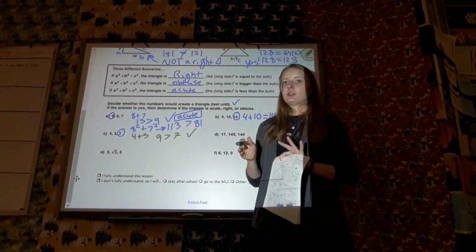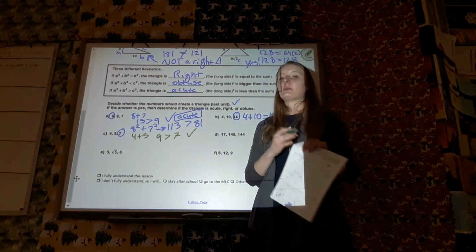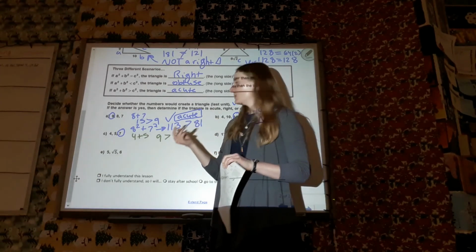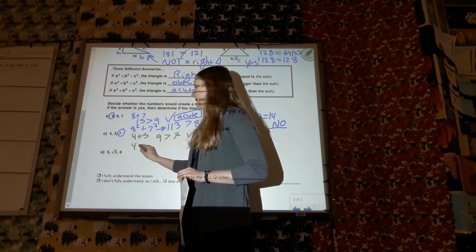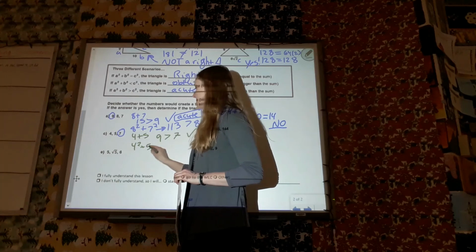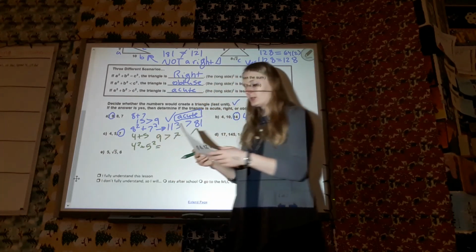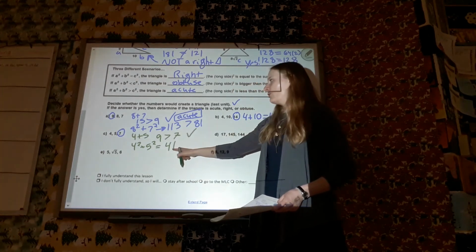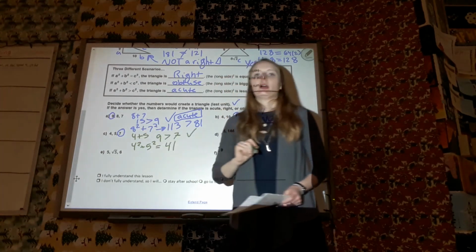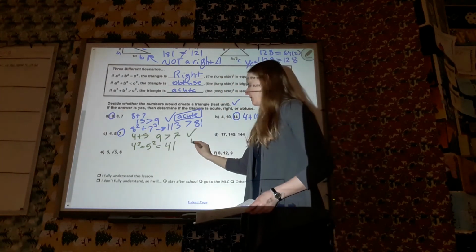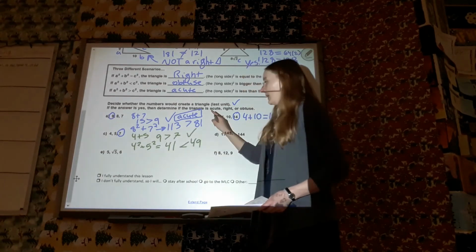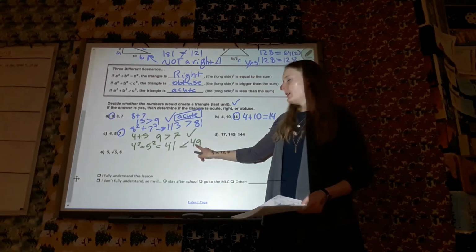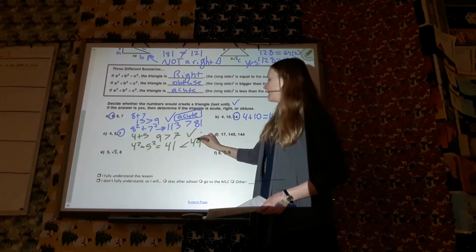Once you've confirmed that it is a triangle, to determine what type of triangle, now we're going to throw the squares into the mix. So I'm going to do 4 squared plus 5 squared, which would be 16 plus 25, which is going to be 41. We're going to compare 41 to the square of the longest side, which is 49. Because the longest side squared is bigger than the sum, that makes this obtuse.